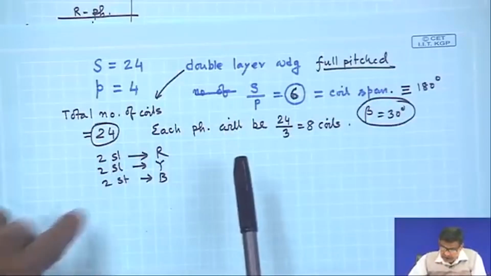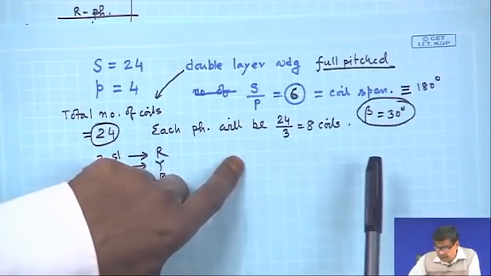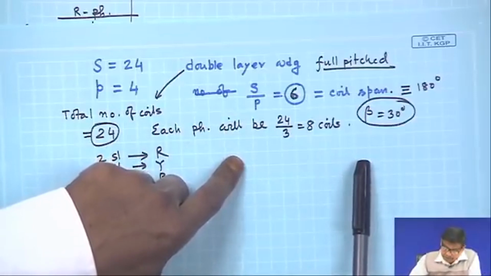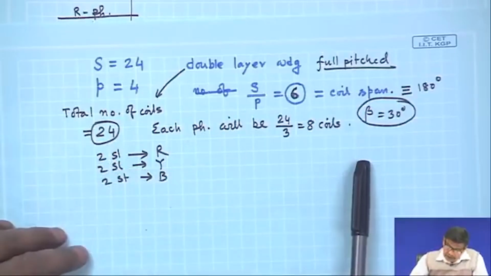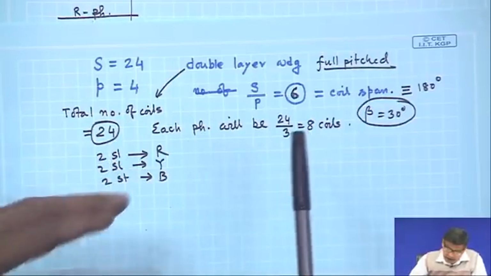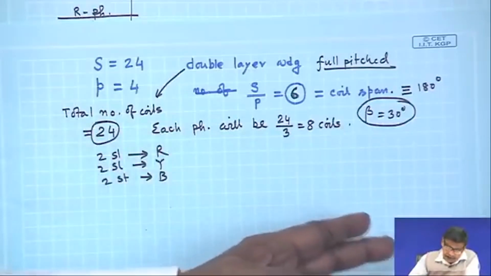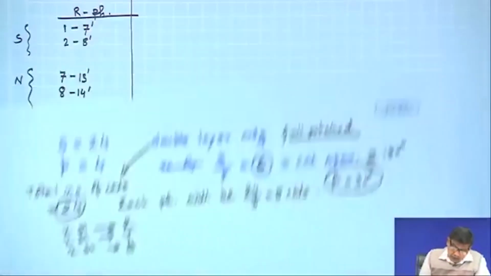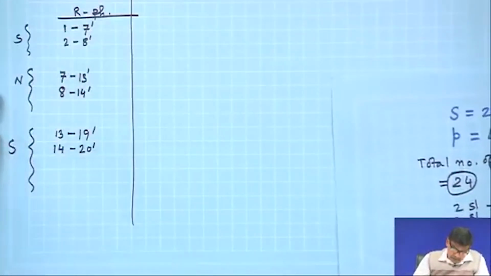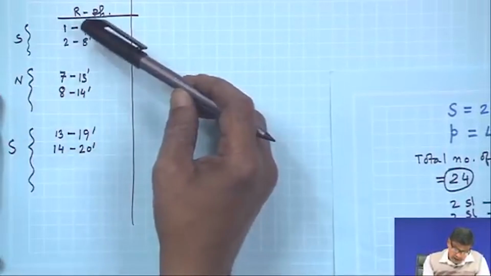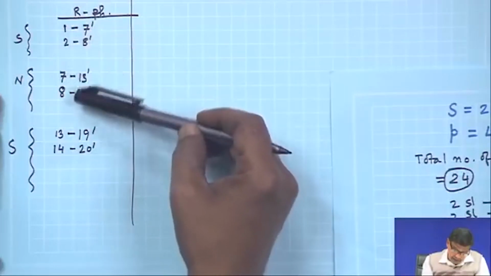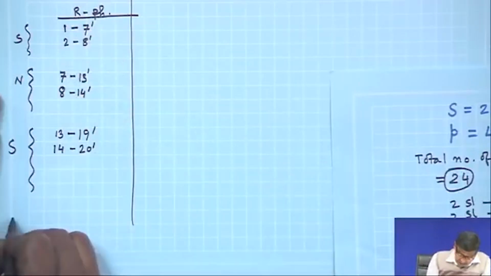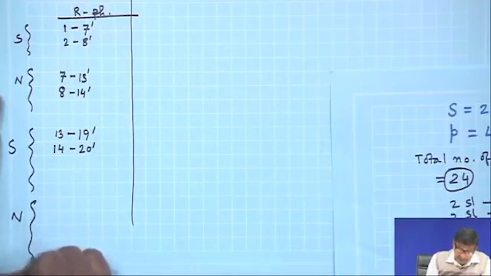So, if you are starting at 1, its return must be at 7 dashed. Okay. If you are starting at 5, its return must be at 11 dashed. How many coils? 1, 2, 3, 4, 5, 6, there is another knot, it is a 4 pole machine.